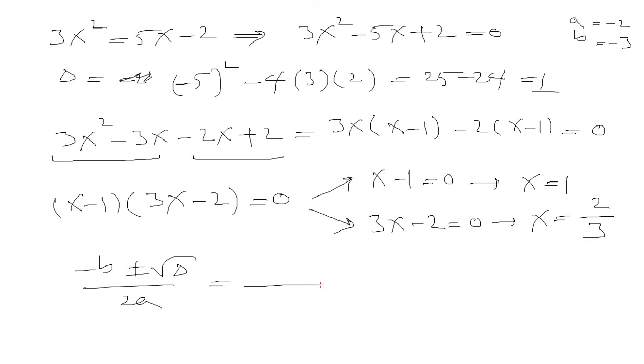Of course. This would give me 5 plus minus radical 1, which is 1, over 6. 2a is 6. The plus would give me 1, the minus would give me 4 over 6, which is 2 over 3. Same solutions.